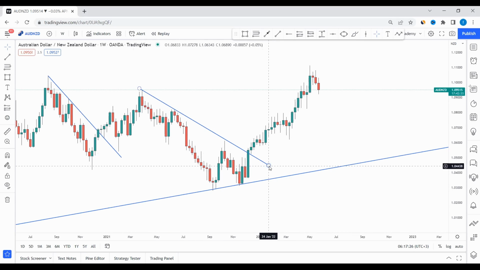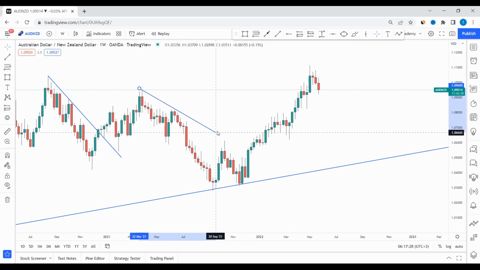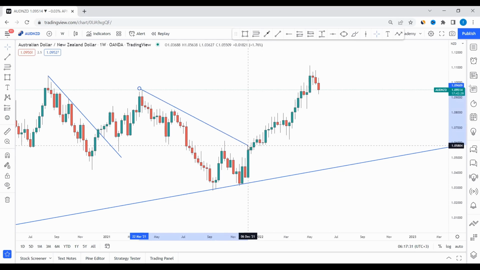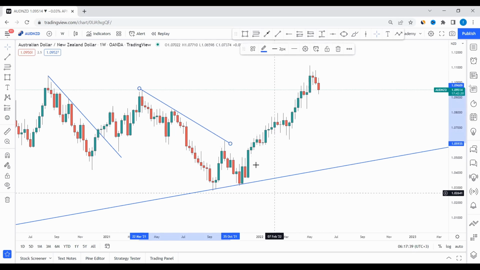So how am I going to draw it? I want to make sure on the second point. Let's first start with the fault most traders are doing: they want to connect with the highest point also here like this. Yes, of course, sometimes it's going to give you results, but for example, like here, you see it didn't touch properly.